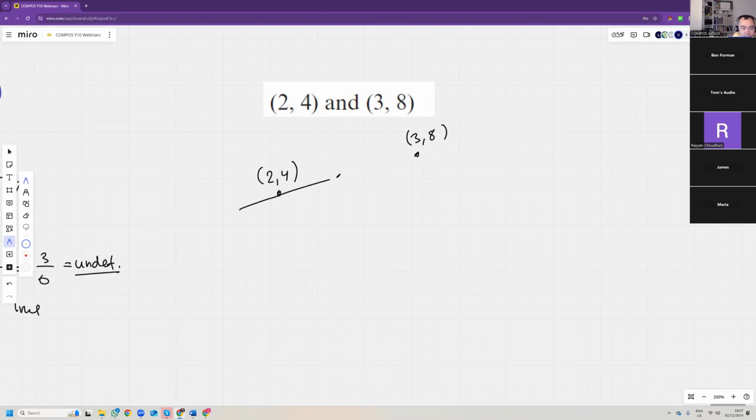And you have a straight line going through. And so the gradient is y2 minus y1 over x2 minus x1. That would be 8 minus 4. That's 4 over 1, which is 4.